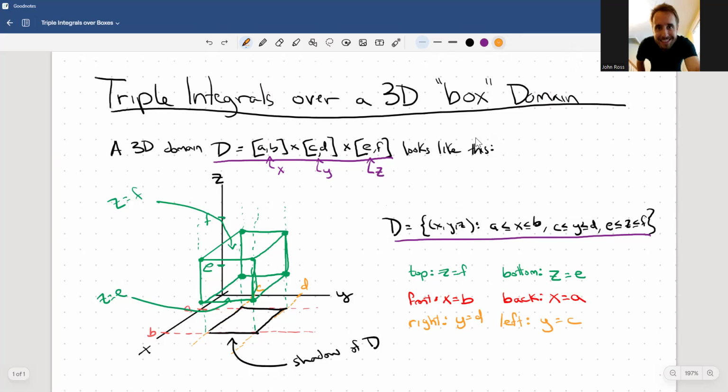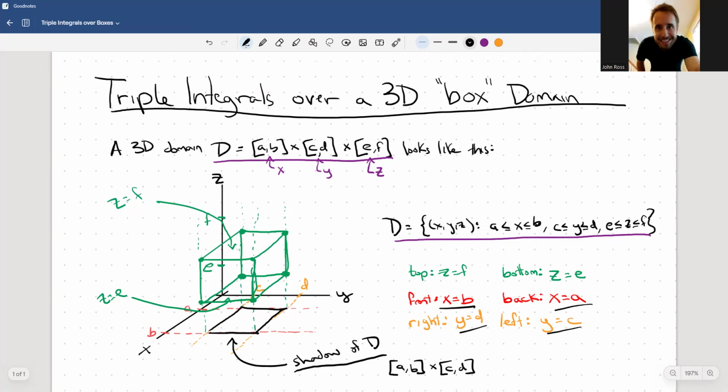And those 6 different planes will soon correspond to, as we'll see, bounds of integration if we try to set up a triple integral. I will also just point out, this is not that important right now, but it will be important down the road, that the shadow of D, the thing that we identified before, still corresponds to a Cartesian product in two-dimensional space, and it has exactly these other boundaries as well.